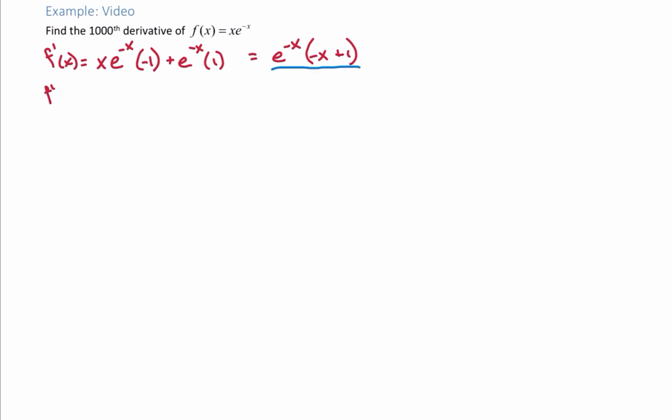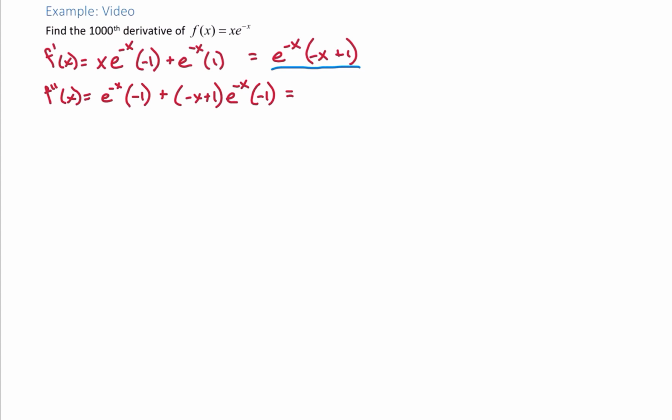Next, second derivative. Again, we're having to use the product rule. First times the derivative of the second plus the second times derivative of the first. And again, taking the derivative of e to the negative x requires the chain rule, so we'll multiply by negative 1.